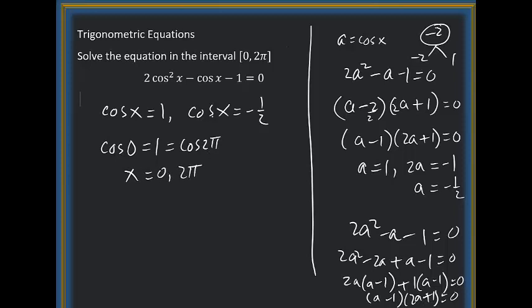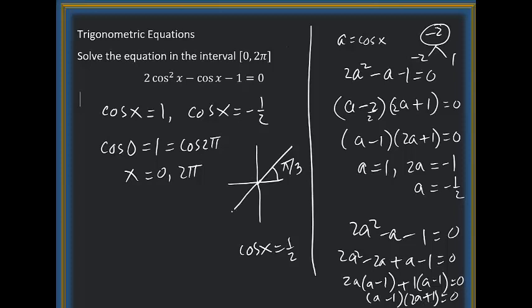And now we are looking for cosine x is negative half. So you can start thinking of reference angles. First of all, cosine x is 1/2 where it is. We know that the angle must be pi by 3, which is 60 degrees. Cosine 60 is 1/2, but we are looking for negative.